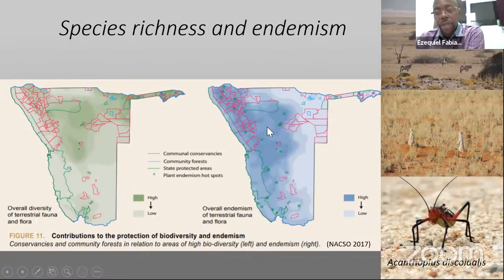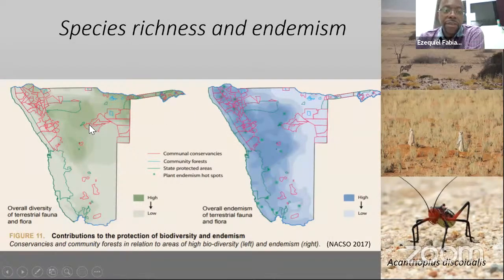And to the right, you can see the distribution of endemism, again focusing only on terrestrial fauna and flora. What is partially obvious there is that we have some form of a gradient. If we focus on endemism, we can see that as we move from west to east, we have a decline in endemism.